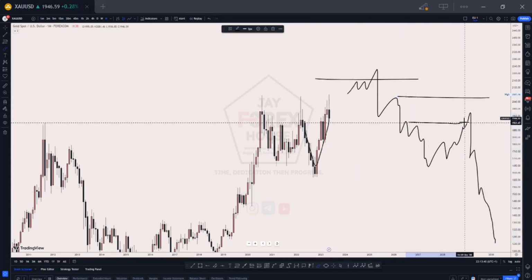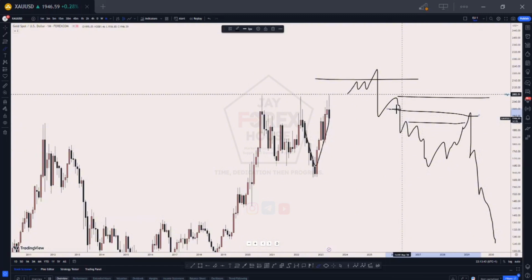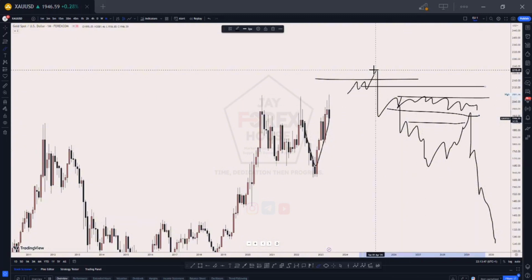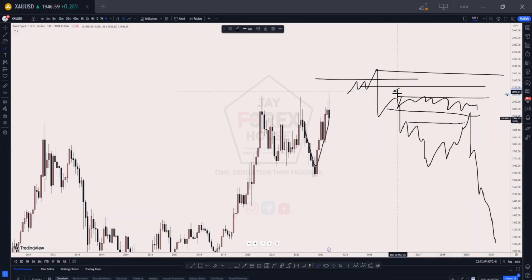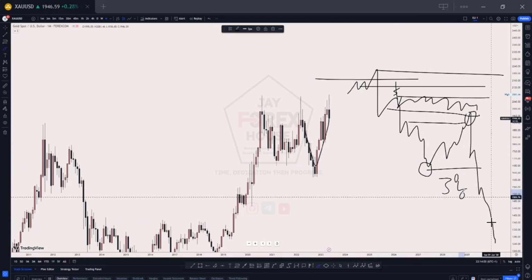So instead of me getting trapped and trying to determine if this is a high probability POI or what's taking my trade, or should I wait for my original POI and see this as an inducement, what I do is that I just scalp my way around it, from here to here. I'm out with about 3 to 4% of my account, and I'm looking out for the next retracement.